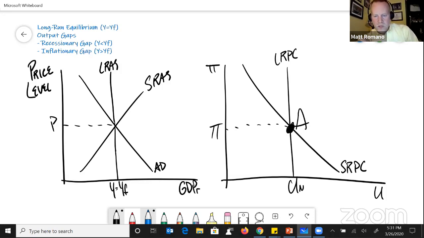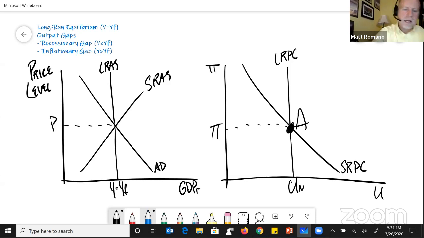We know that because this is the combination of unemployment and inflation that we will have in the long run. We're going to be at the natural rate of unemployment. At that natural rate, we're going to be at the expected rate of inflation, which is along that SRPC where it intersects with LRPC. So when you are asked to show long-run equilibrium on the graph of the Phillips curve, you would show what I have labeled here as point A.